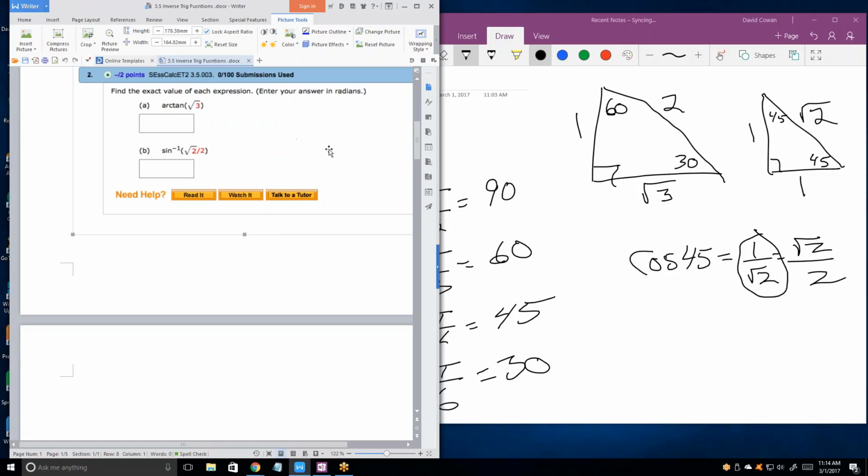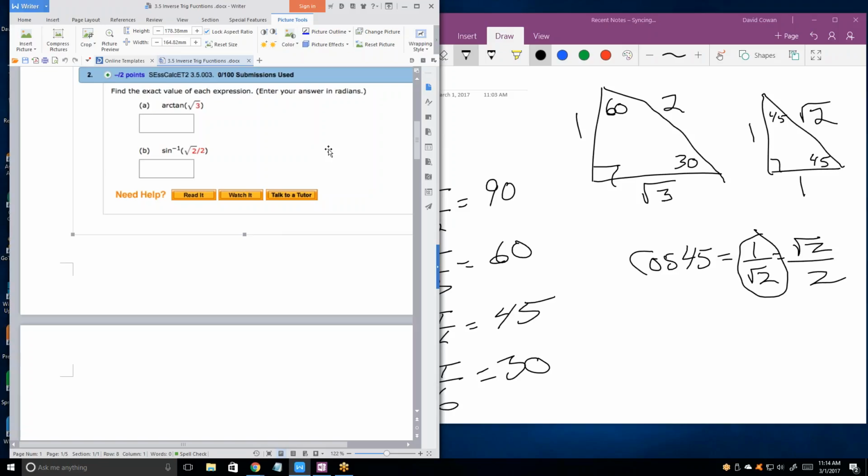So what's the arctan, same thing as inverse tan, of root 3? So tan is opposite over adjacent, so is it 60 degrees? Okay, good. Put it in radians. Pi over 3.